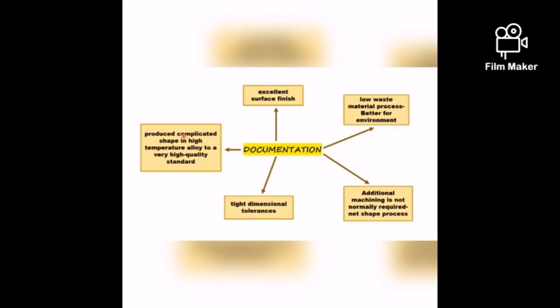And lastly, the process was chosen because investment casting is the only metal casting process that can produce complicated shapes in high temperature alloy to a very high quality standard. Okay, that's it for the process selection.